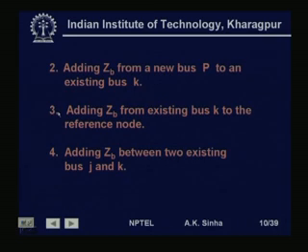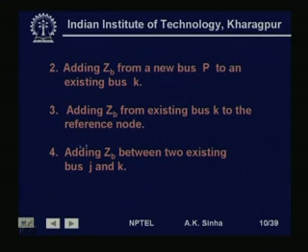Type 3 modification is adding a branch with impedance ZB from an existing bus K to the reference node. That is, we are adding this branch ZB from an existing bus K to the reference node. We call this type 3 modification.